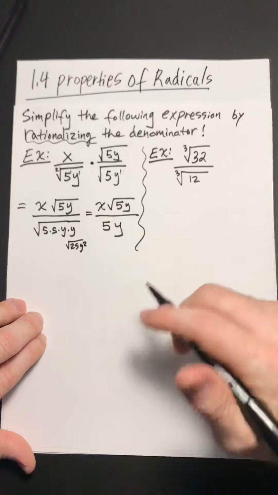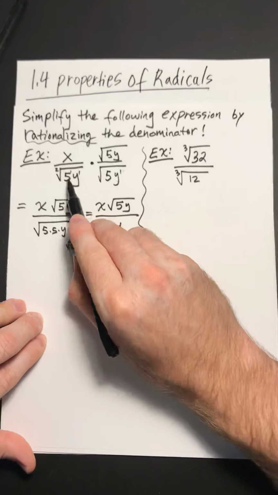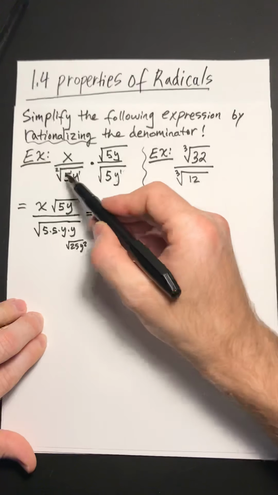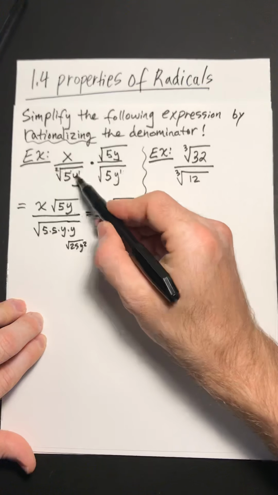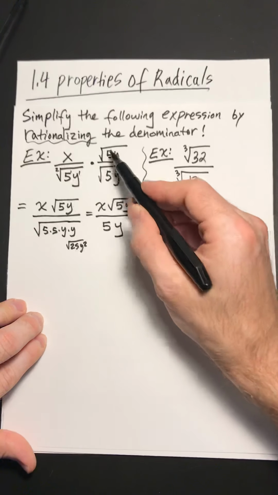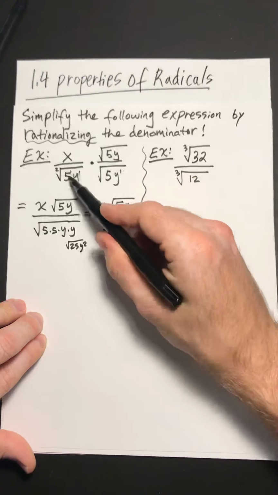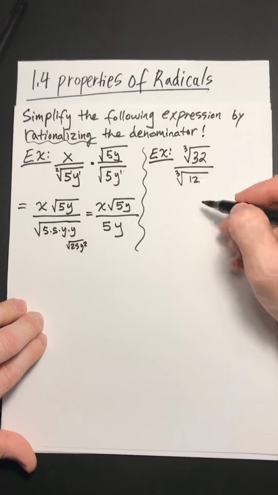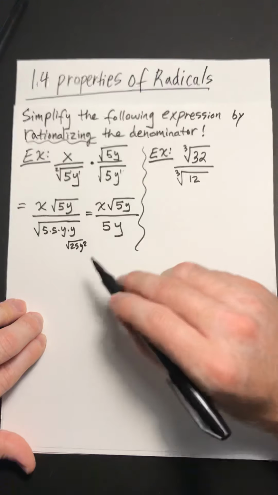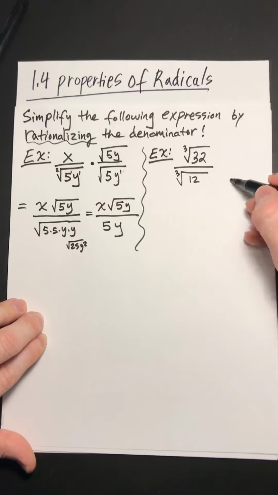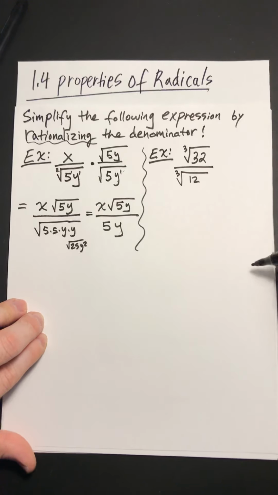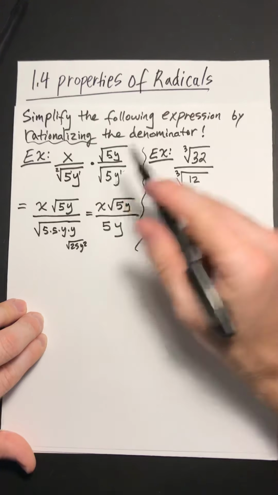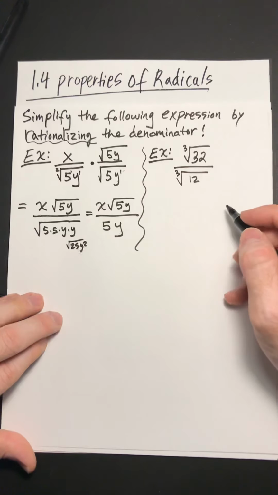A lot of students are really good with the square root because basically you just look and say, oh, I have a square root of 5y here. I need to multiply top and bottom by what's right here, and I'm good to go. That's usually pretty easy. Now, this one's a little trickier, but as long as you think about what you need to get rid of the radical, then it doesn't matter what your index is, you can figure it out.